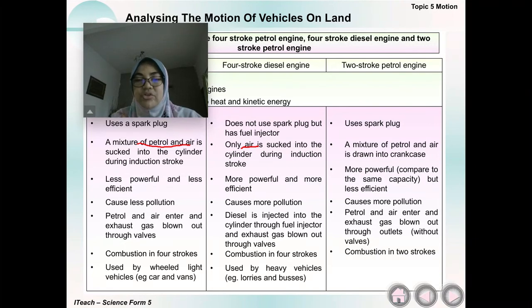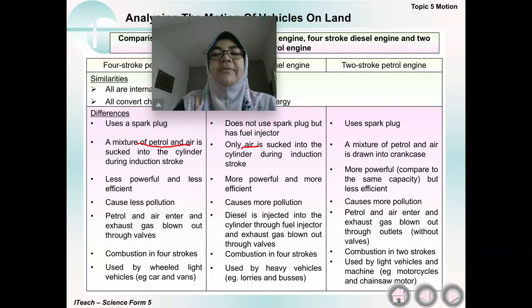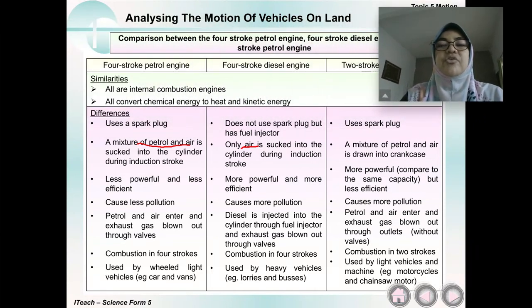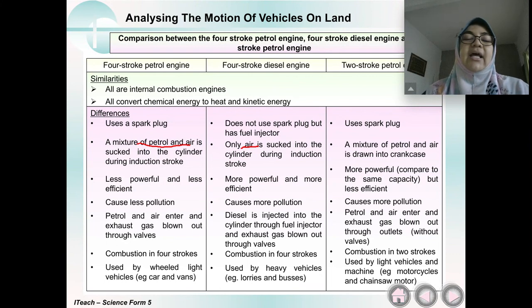Okay, combustion two-stroke dan digunakan dalam light vehicle. Motor, chainsaw, pemotong rumput and so on. Okay, so you should be able to differentiate between the four-stroke engine and the two-stroke engine. Okay, and differentiate between petrol and diesel engine.